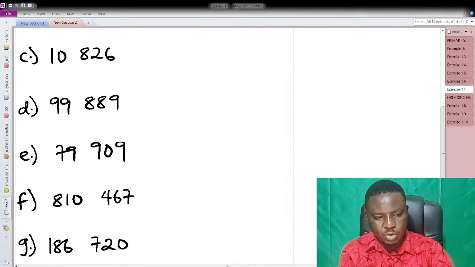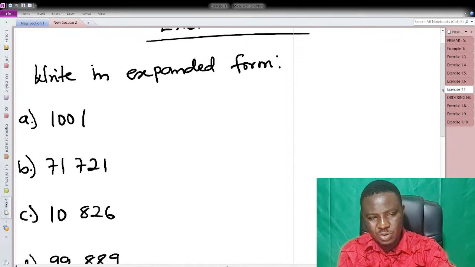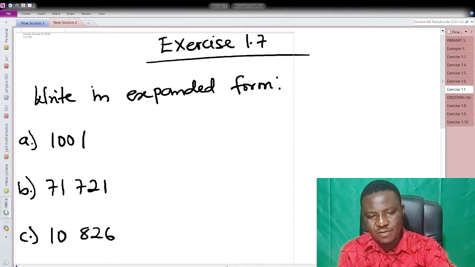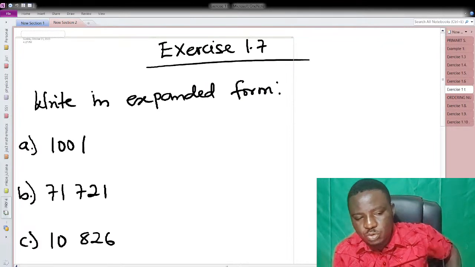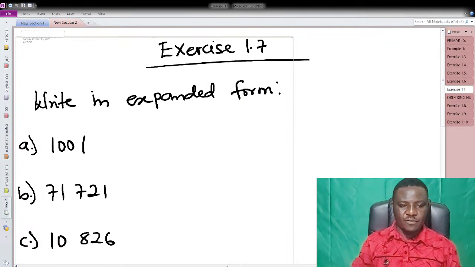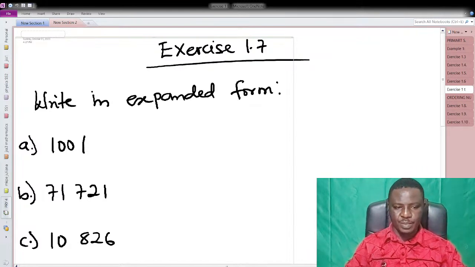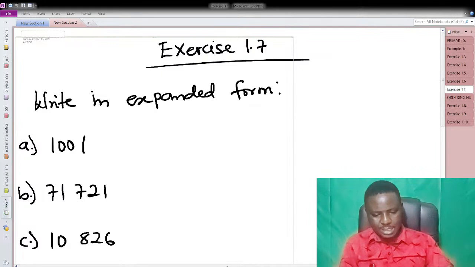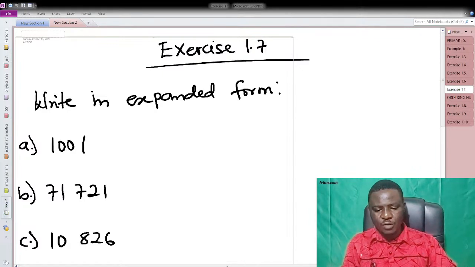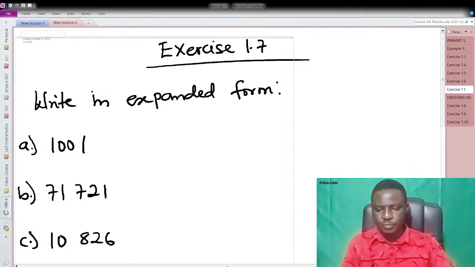I believe you can do this. Can you? Okay, Ralph, let me see you do this. But you need to be faster than this time. Okay, so increase your speed. This is another exercise for you to do, similar to what you have done. So go ahead and solve it.